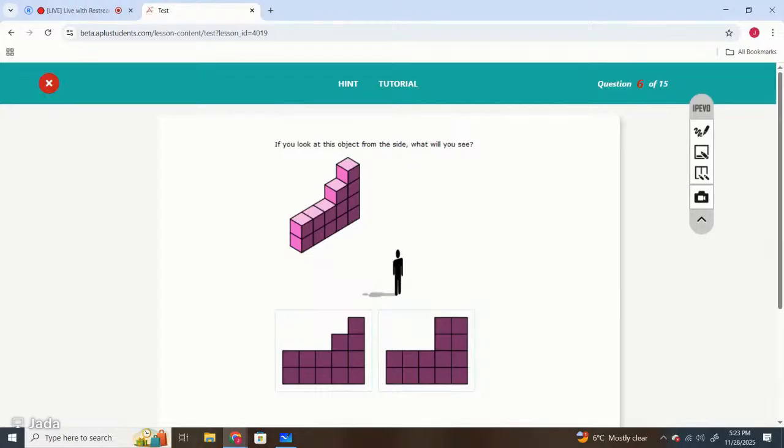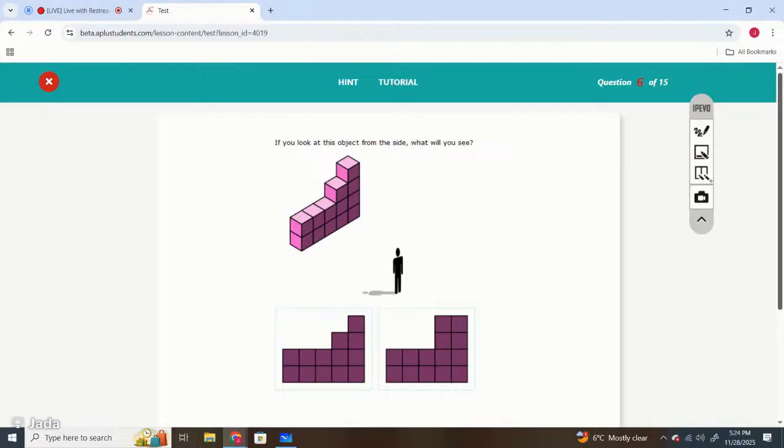If you look at the object from the side, what will you see? So if you look at this image along this side, you can see this is the view.